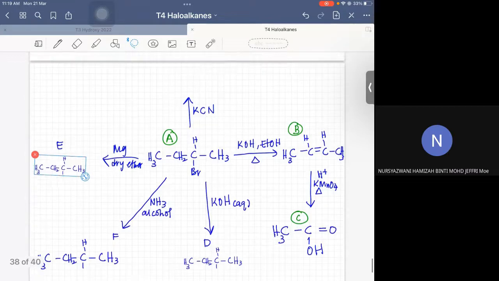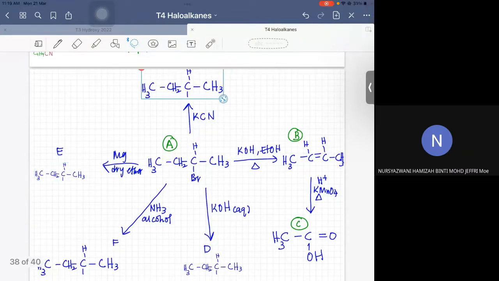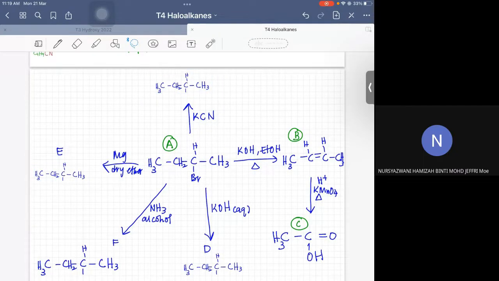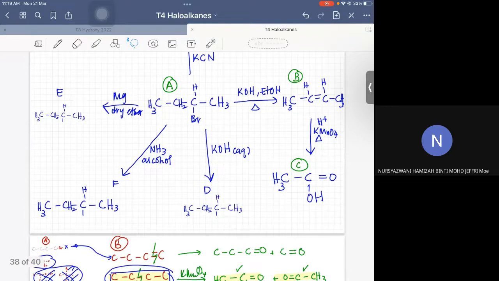Tempat BR tu substitute. Okay, sekarang kita putuskan haloalkane.